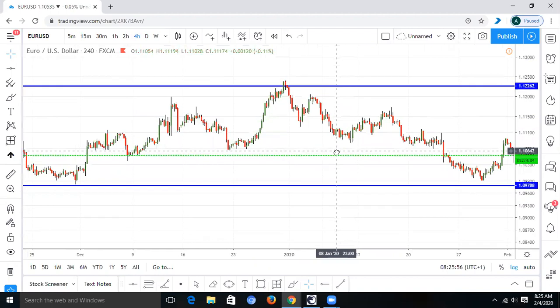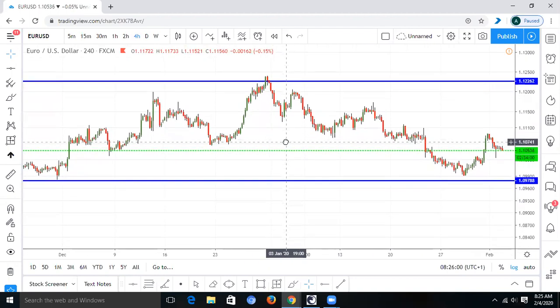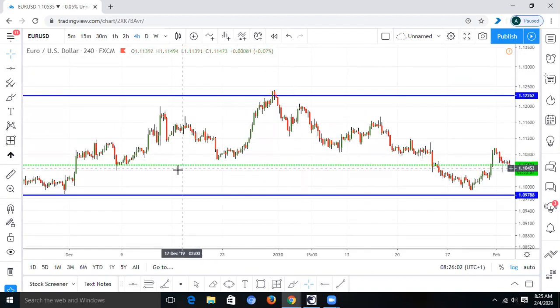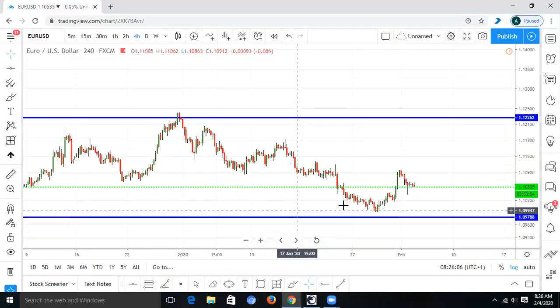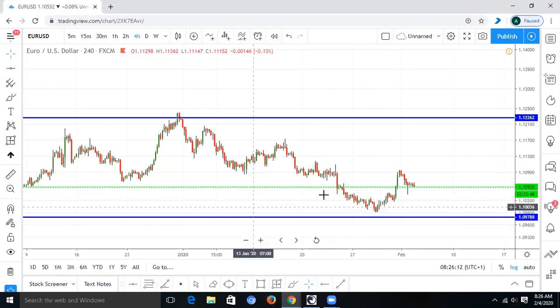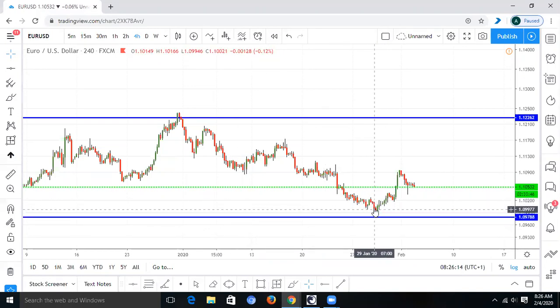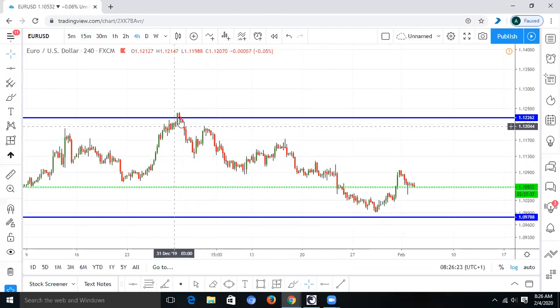All right, now let me see if I can take minor zones. Now the zones are when price touches this zone, support, resist.